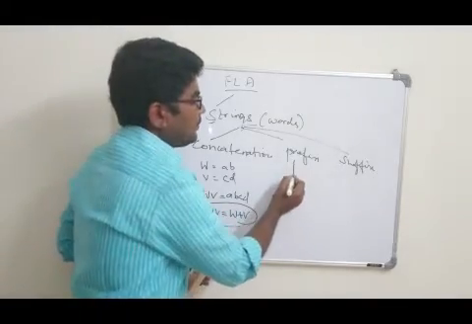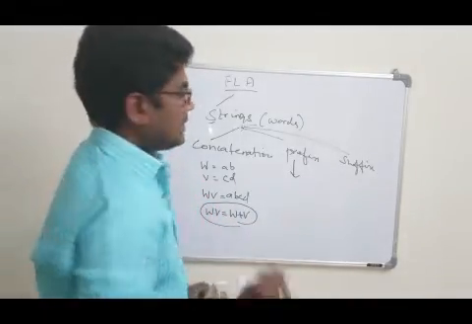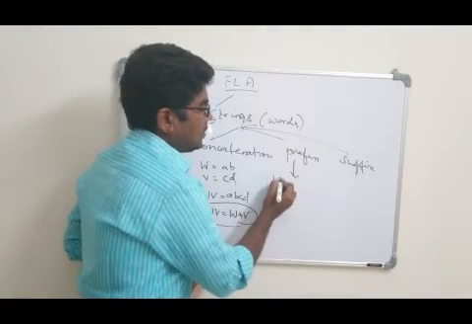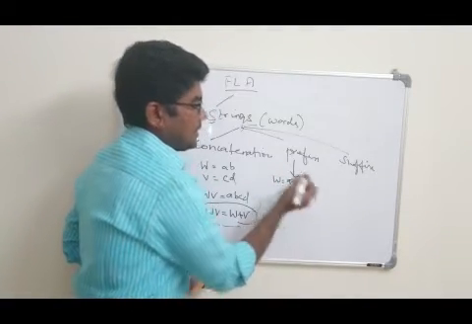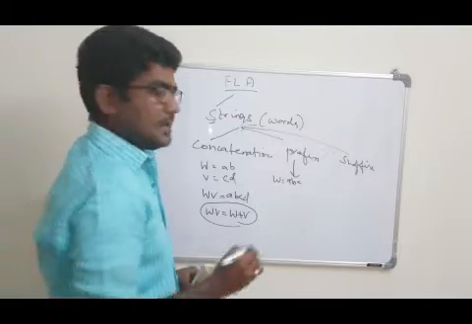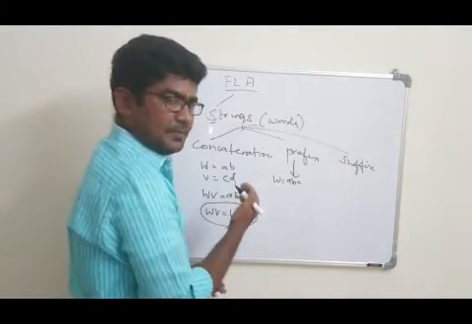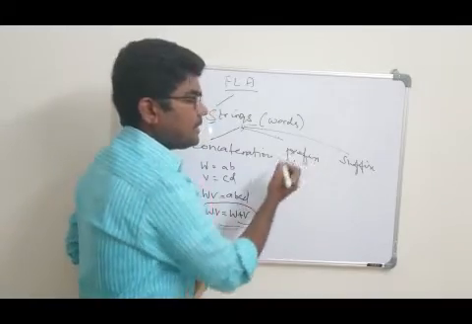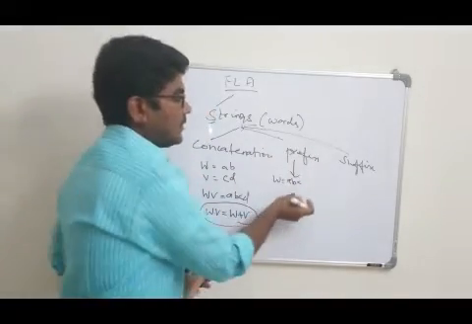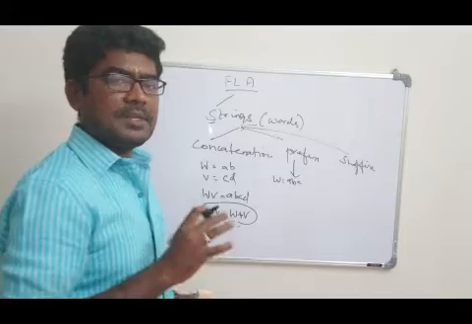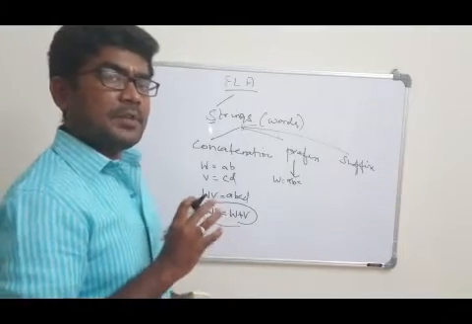Then what are prefixes? Suppose we have a string called W equal to ABC. What is a prefix? Prefix in the sense it's coming before. Before is said to be the prefix. So how will you write the prefix of the string? They have given a question like W equal to ABC, and you are going to write the prefix of that string.